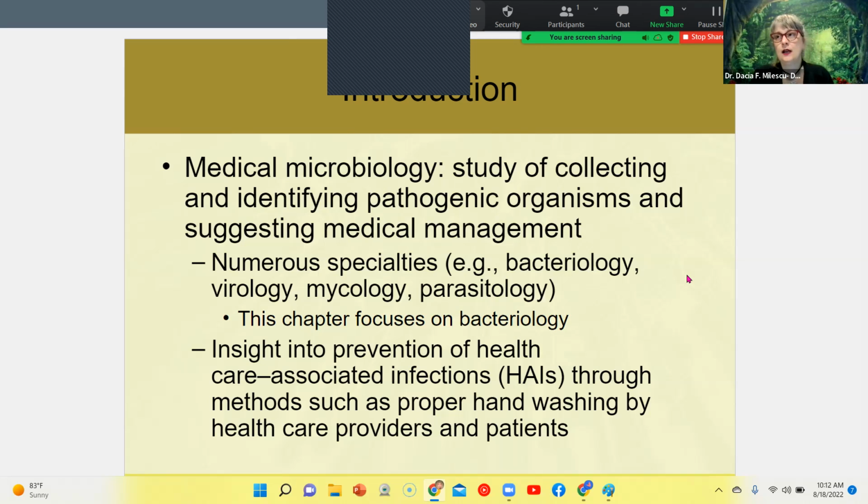Scrubbing the hands for 15 minutes prior to going into the OR, that's a whole separate thing. But frequent hand washing between seeing patients on the floor, in the clinic, these are habits that begin at this level, when we are educating you prior to you entering any kind of clinical setting.